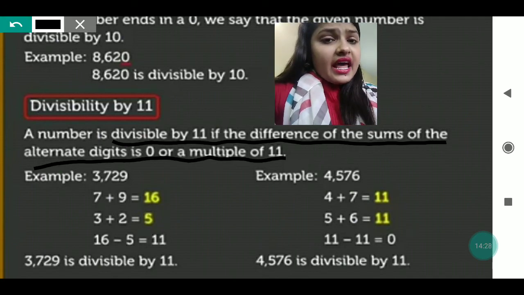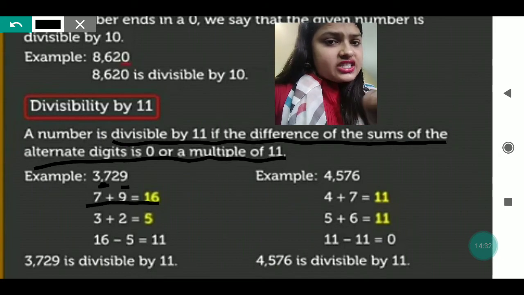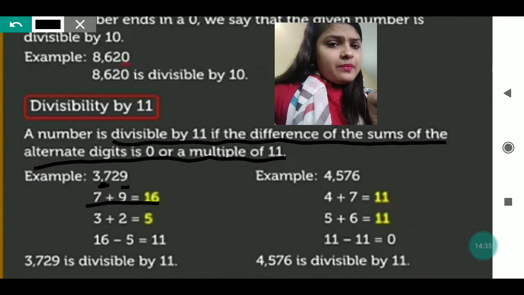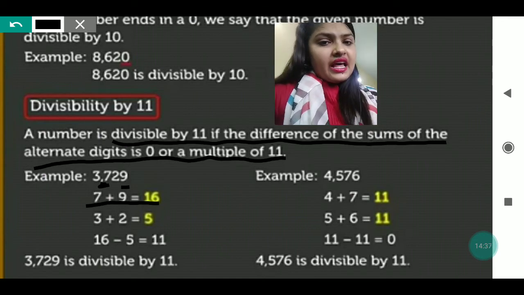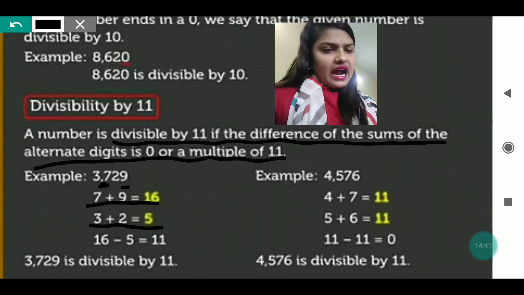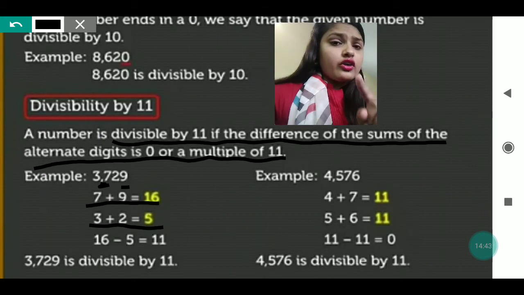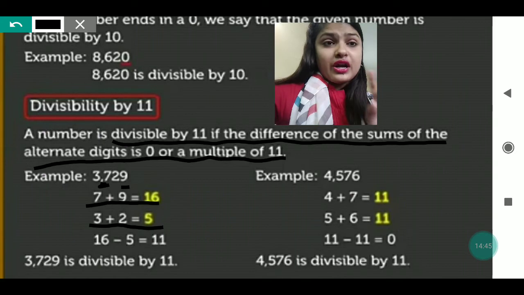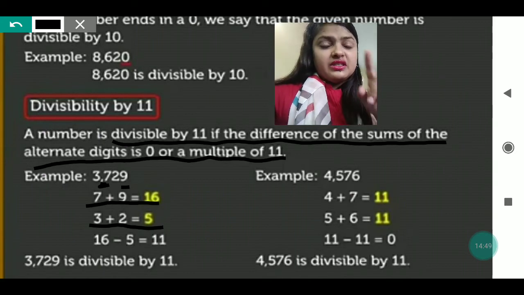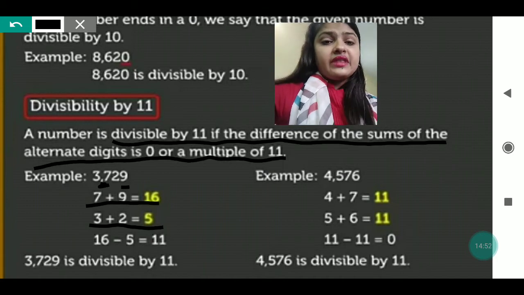So 7 and 9, when you add them, you get 16, isn't it? 7 plus 9 is 16, and 3 plus 2 is 5. You add alternate numbers. You are not going to add 3 and 7, or 2 and 9. Don't do this. You have to add alternate numbers. Means 3 and 7, you skip, and 2 you add. So 3 plus 2 is 5, and 7 plus 9 is 16.